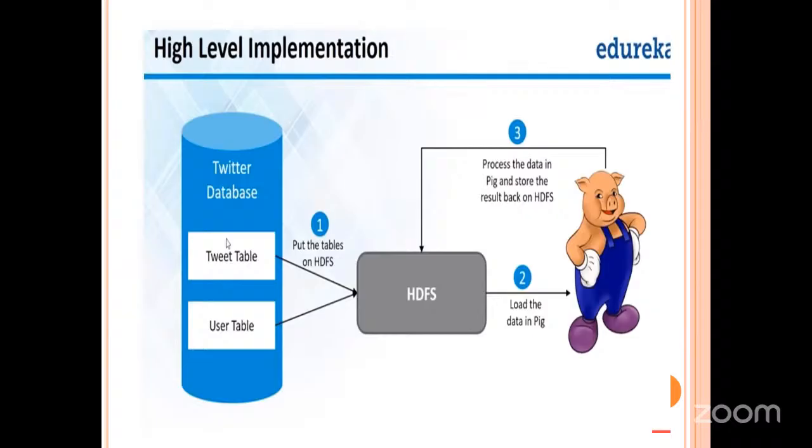So how many tweets we get? How many people will send likes or dislikes or any other type of comment? So it is going to give you the tweet table and the number of users. So here it will identify how many users have viewed that particular message. Clear?